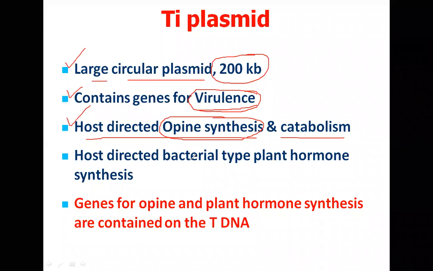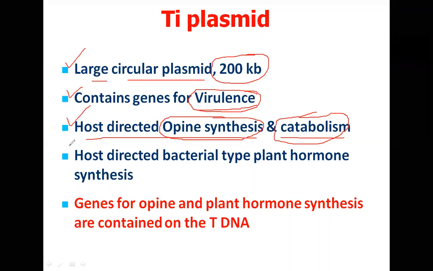Once the bacterium has infected the plant cell, only then are these genes expressed, and therefore we use the word host-directed opine synthesis. Opines are a group of amino acids, so their synthesis and their catabolism also. They will be synthesized in the plant cell using the plant machinery, the plant resources, and they will be exclusively utilized by the bacteria for its growth and development.